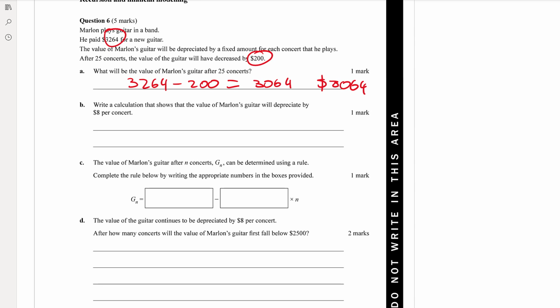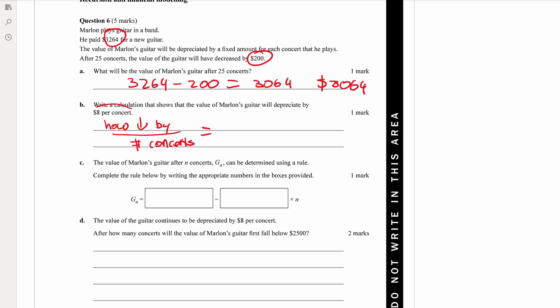All right, next part. Write a calculation that shows that the value of the guitar will depreciate by $8 per concert. The way you will show this is you're going to look at how much it's decreased by and how many concerts, because that's what we're talking about in this case.